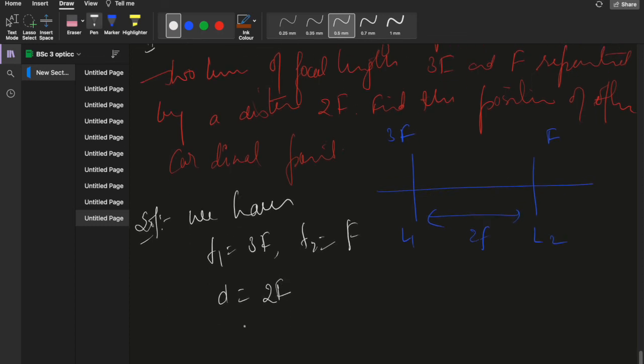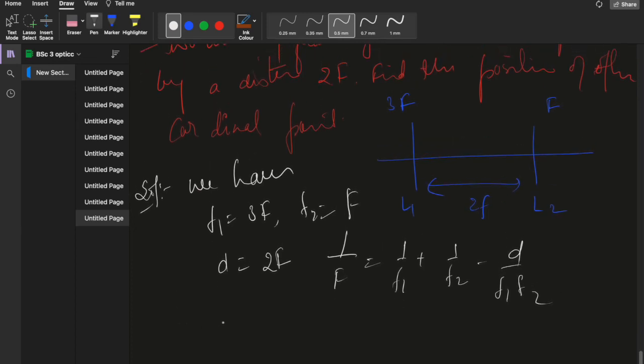If we need to calculate the equivalent focal length, 1 upon capital F is 1 upon f1 plus 1 upon f2 minus d upon f1 f2. Just substitute these values here. So 1 upon capital F becomes 1 upon 3f plus 1 upon f minus 2f upon 3f multiplied by f.